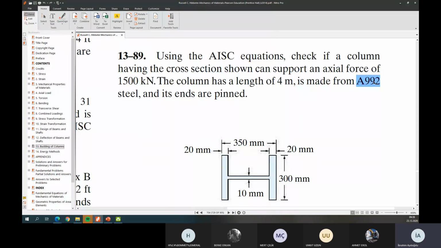What is the property first? I need to check. I think the modulus of elasticity is 200 gigapascal. I can't remember the sigma y. Let me check it. Maybe we can check on the internet, or look at another book's solutions.